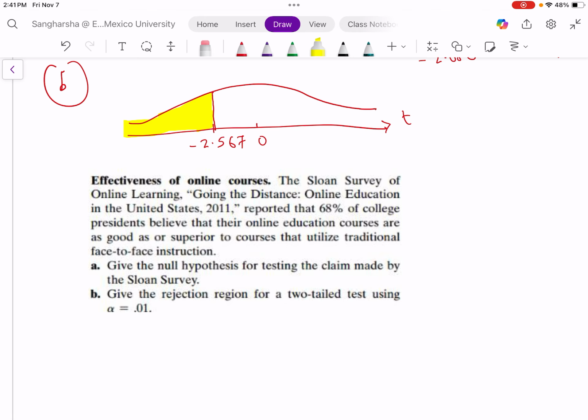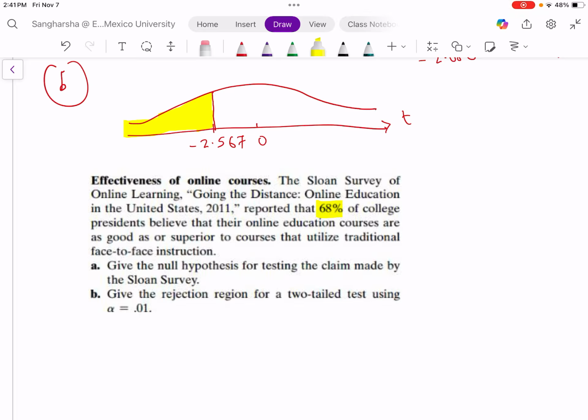Next here, we have a survey, the online learning survey, Going the Distance: Online Education in the United States, 2011. So this is our survey, and it reported that 68% of the college presidents believe that their online education courses are as good as or superior to courses that utilize traditional face-to-face instruction.